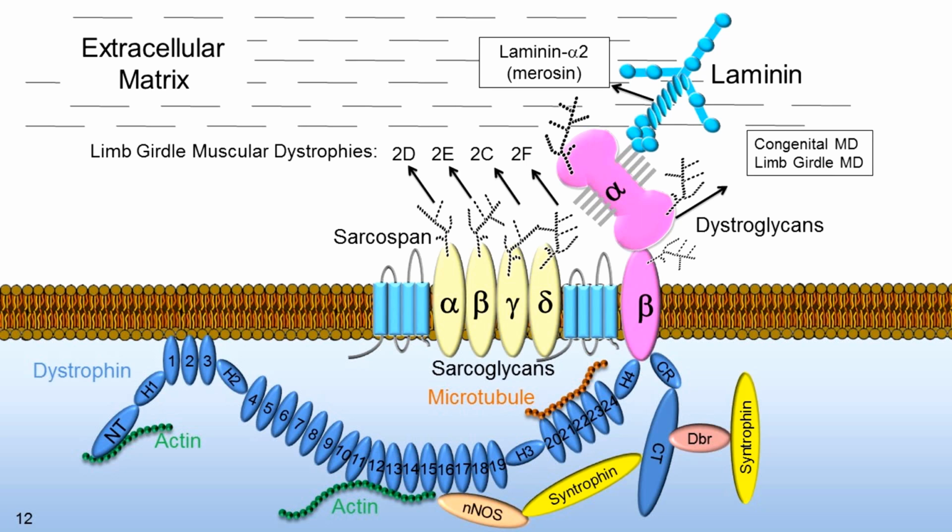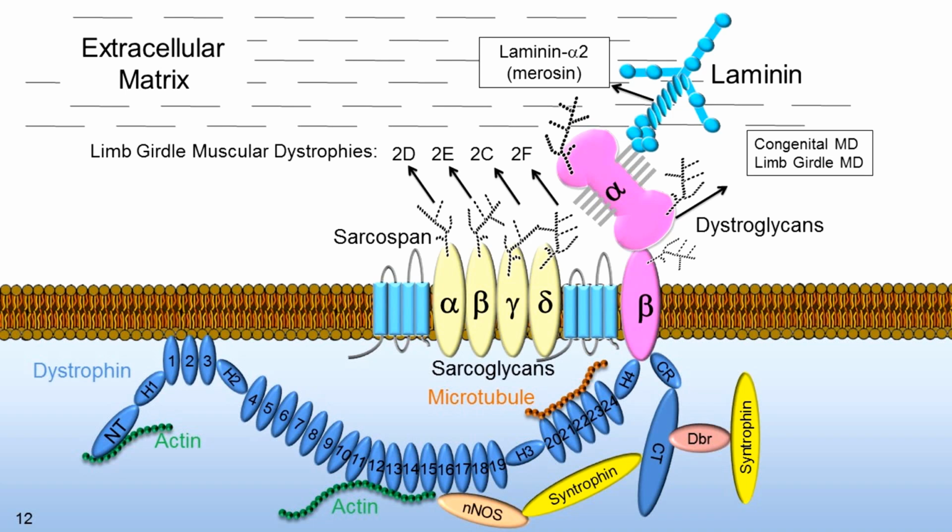Alpha-dystroglycan hooks to beta-dystroglycan, and in order for alpha-dystroglycan to then connect to the extracellular matrix, it requires heavy glycosylation. So a simple way to think about it is it needs a bunch of sugar groups on, or it's not sticky enough to stick to the extracellular matrix, and you lose the stability of the cell membrane.